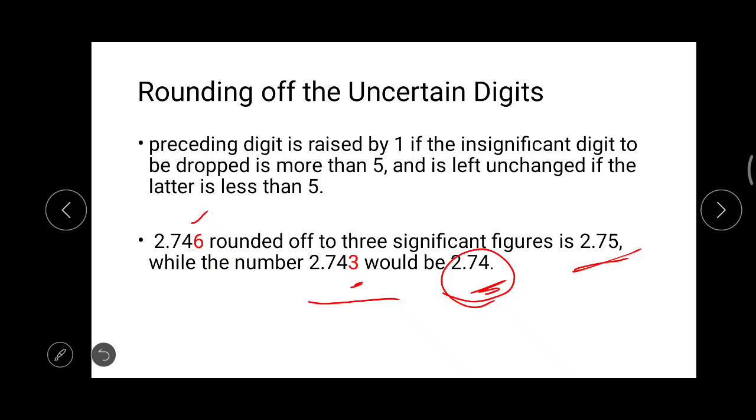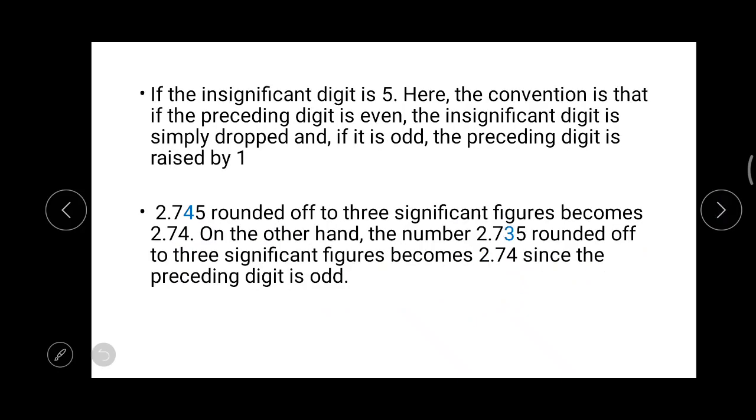Now let us come to another one, that is if the insignificant digit is 5. In the previous case we have discussed if it is less than 5 and if it is more than 5. So now we are going to see, if the insignificant number is 5, what will happen to the preceding number?